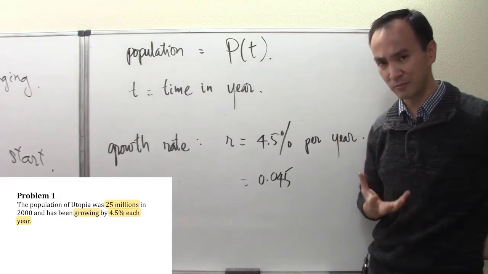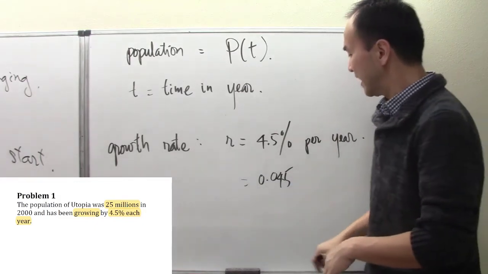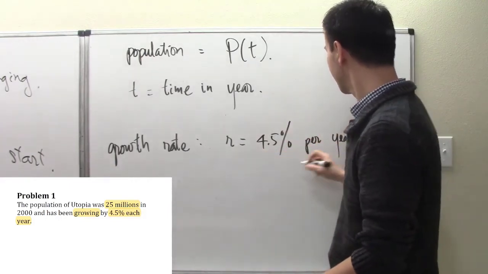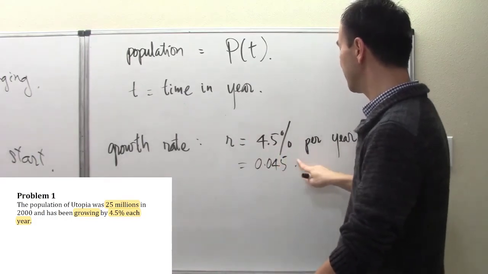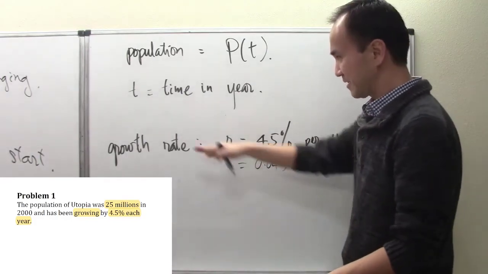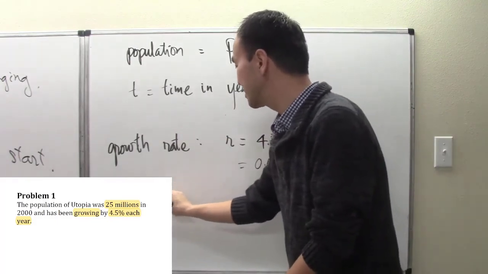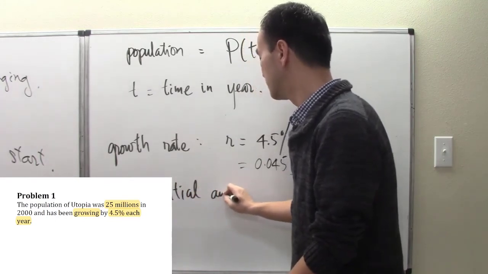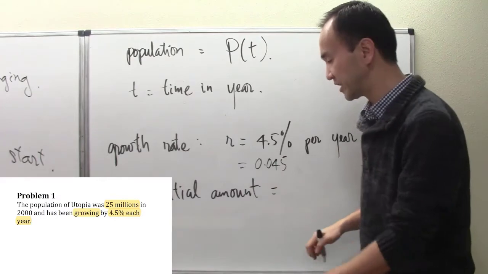All right, so I'm really trying to break it down in detailed steps. And so now I'm going to update that. 0.045 per year. And now outside of this growth rate right here, we're looking at the initial amount.